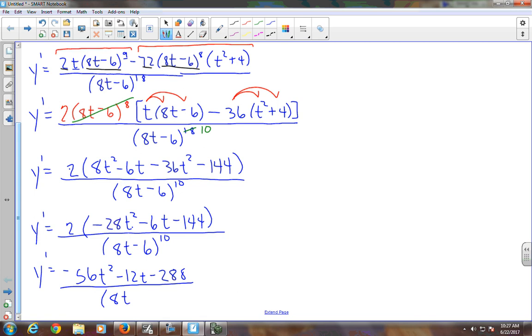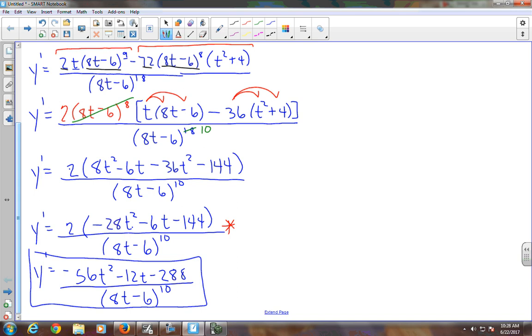Now, if you are an algebra fanatic, which I know you are, there's our derivative, you can tell that's not quite reduced, right? So let me take you through a little bit of further simplification, just because it's bothering me in this unreduced form. So I'm going to go back to this step right here. Instead of multiplying out the 2 as it matches the answer provided in your answer list, let's reduce it a little bit further.